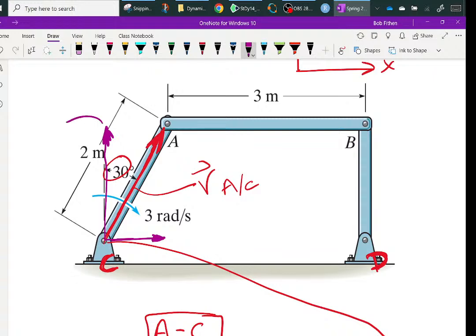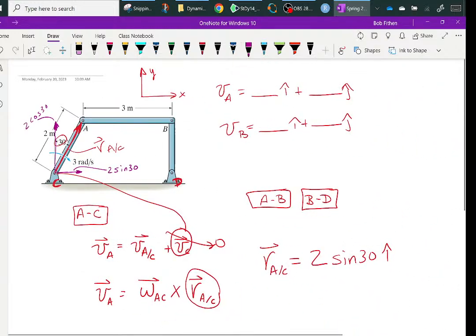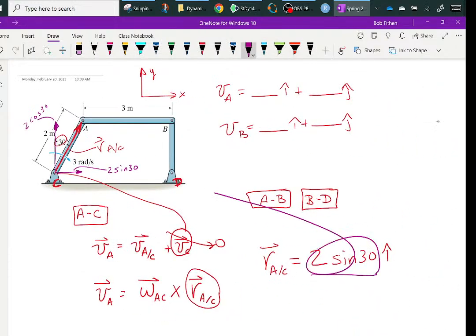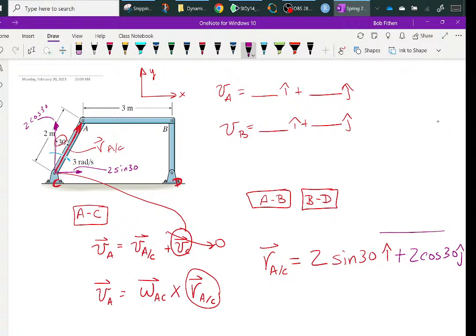This one would be 2 cosine 30, and this length is 2 sine of 30. And so then I just list these two in the vector. I did the 2 sine 30 right there, and then the 2 cosine 30 right here. So there you go, I got that.